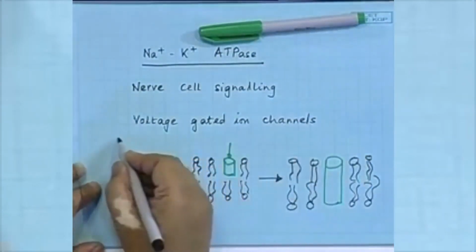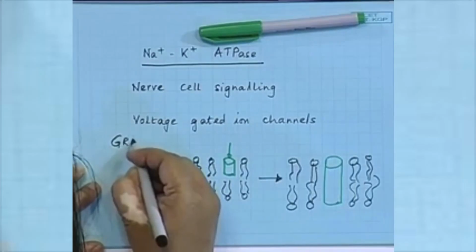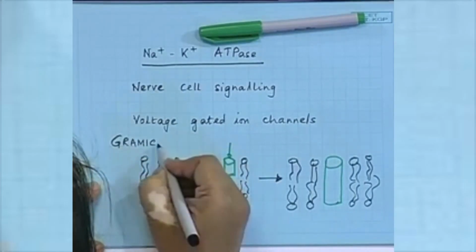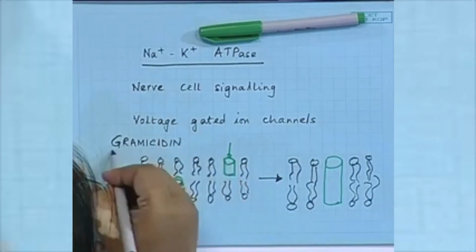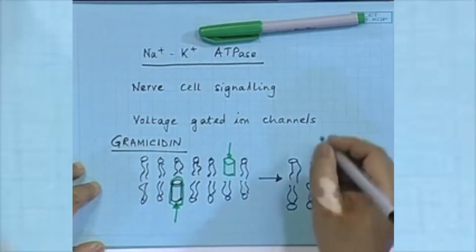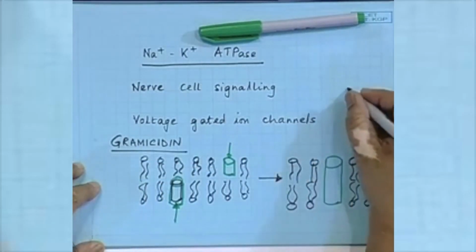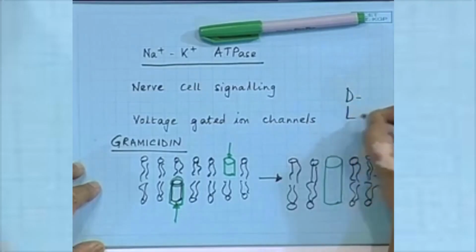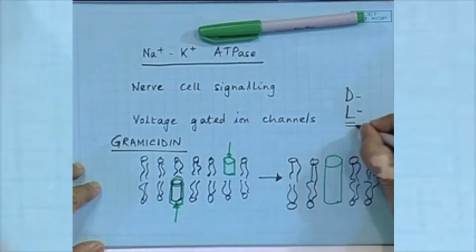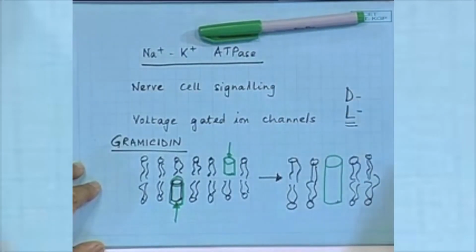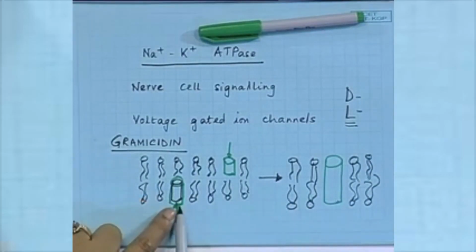This is what you see when you form gramicidin. Okay, this is what is gramicidin, and gramicidin is unique in that it has, as I mentioned, D amino acids. Apart from L amino acids which are common, it has D amino acids as well. Okay. So, what happens in this case? You have the monomers that are present and it forms a dimer.